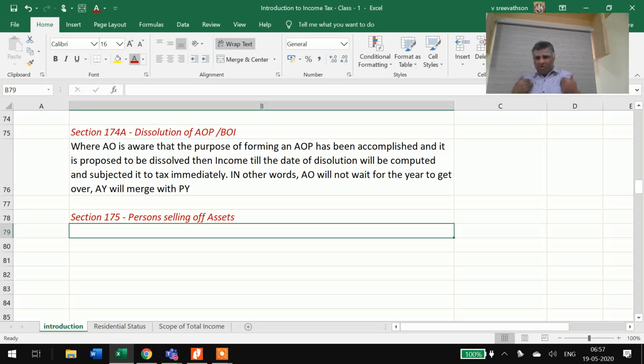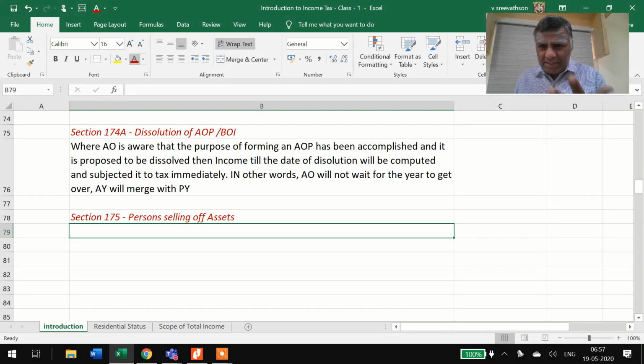I, the assessing officer or the income tax department, continuously send you notices. You get the notice and put it in the drawer. You are not at all responding to the notice, and you are not paying taxes.